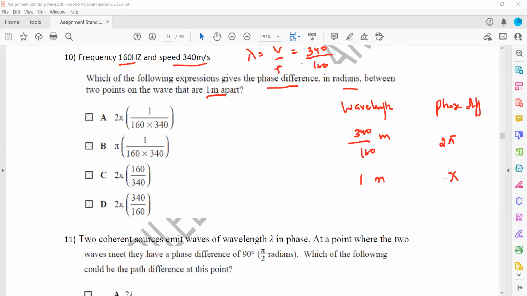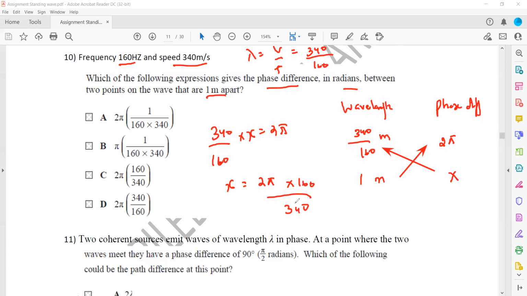So we cross multiply: 340 divided by 160 times x is equal to 2 pi, or x is equal to 2 pi multiplied by 160 divided by 340. So C will be the right answer.